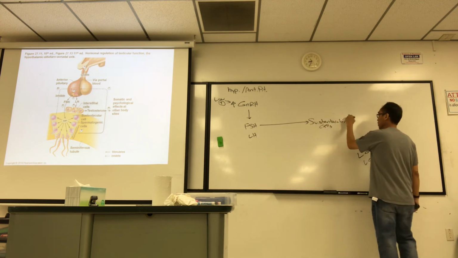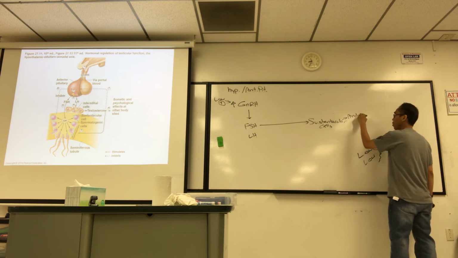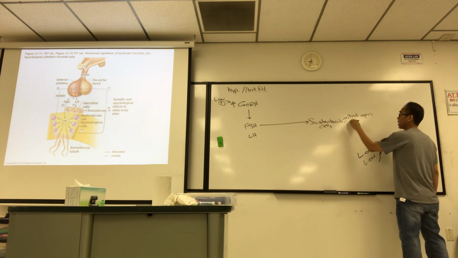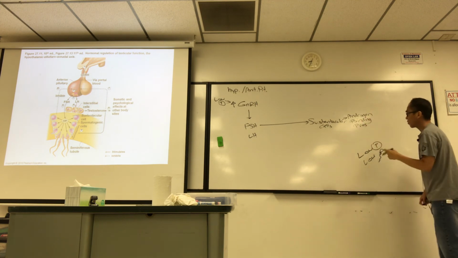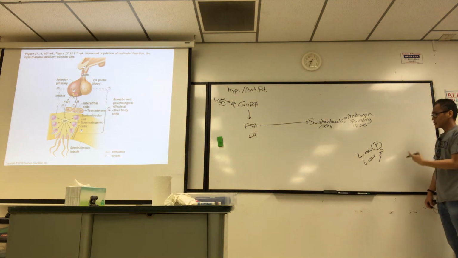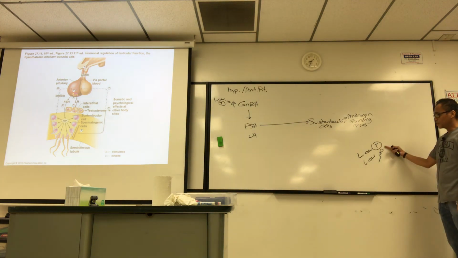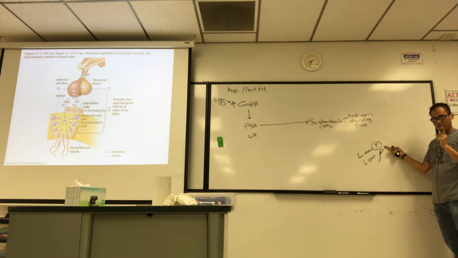So those will start to create androgen binding proteins. They'll sop up the testosterone that's being secreted by what cell? Interstitial cells of Leydig. I taught you that before.